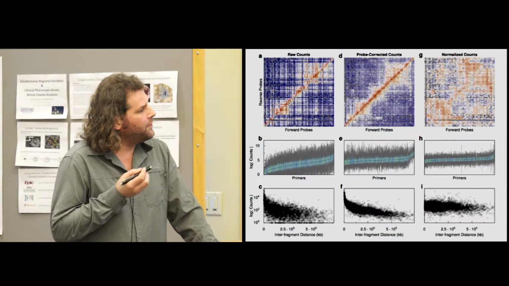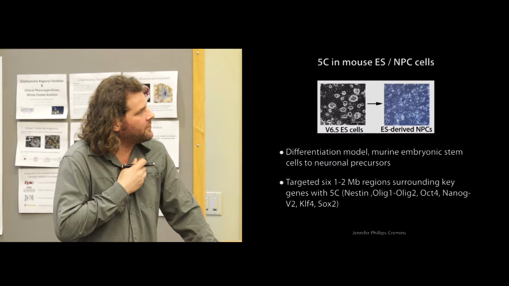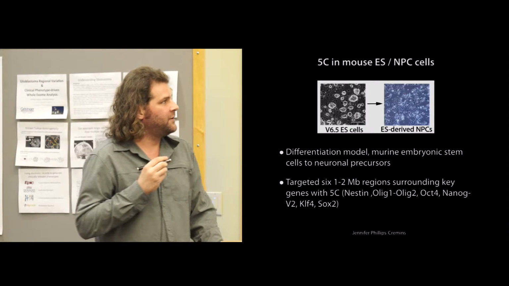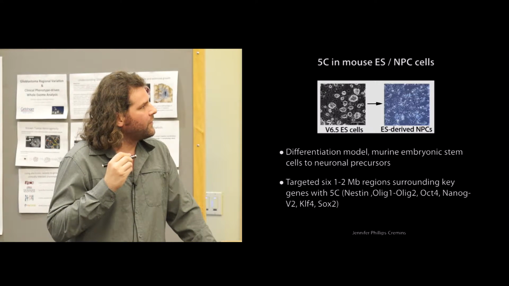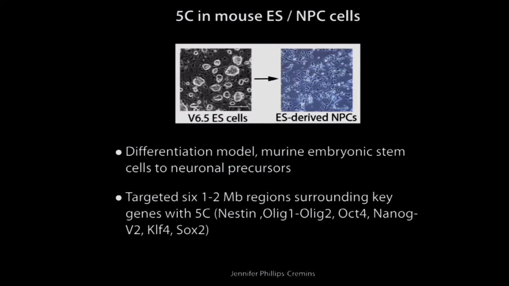Let me give you one example from our own work that illustrates how the high resolution stuff looks. This is some work we did in cell lines, basically differentiating mouse ES cells down to neural progenitors. We used this megabase tiling approach on a few key loci.